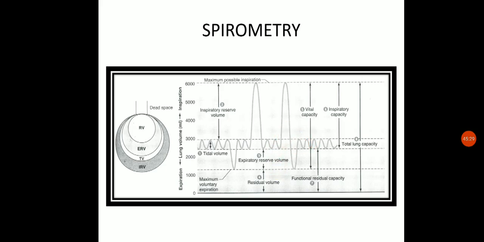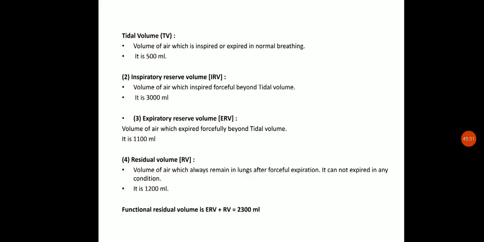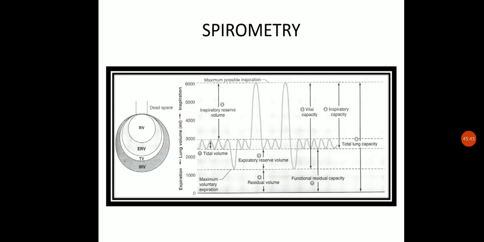Similarly, there is also forceful expiration, which is called the expiratory reserve volume. This is the volume of air which is expelled forcefully beyond the tidal volume. It is around 1100 ml. Here you can see this is the amount of air which can be expelled out forcefully after the tidal volume.